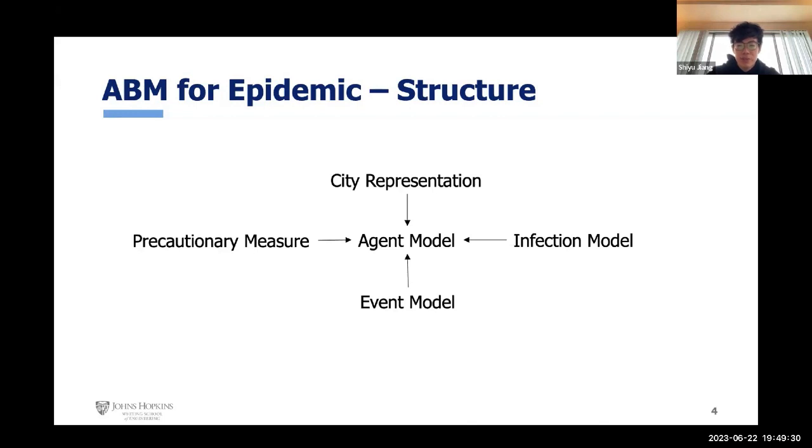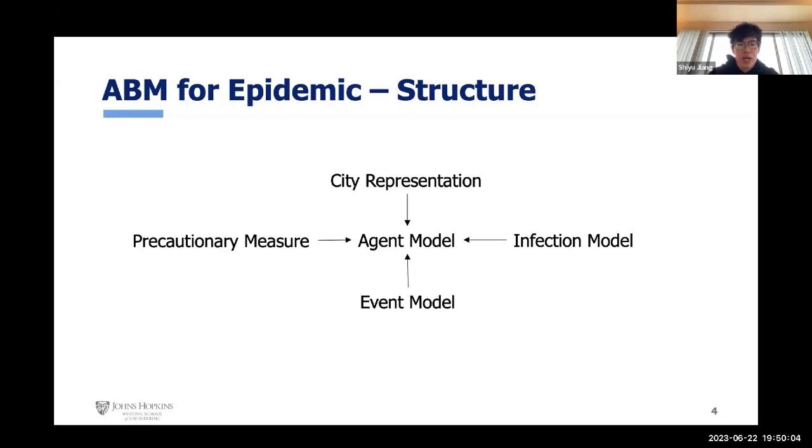And we also have event models, because we wanted to observe some dynamics or unexpected events in the model. So we injected evacuation events. When there is a disaster, every agent is forced to evacuate to several evacuation points, which will cause population gathering and increase the infection rate.